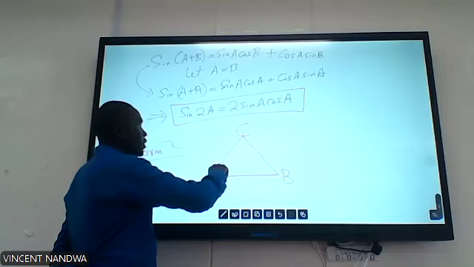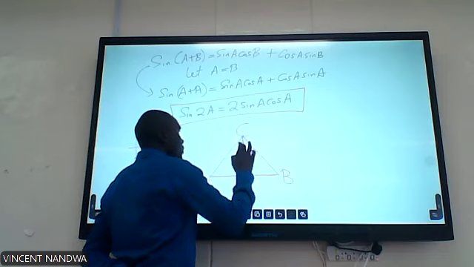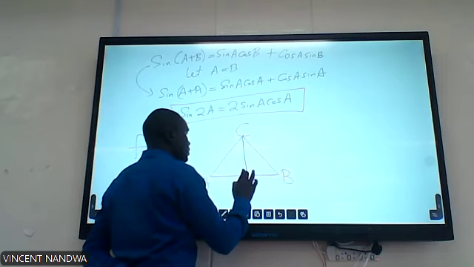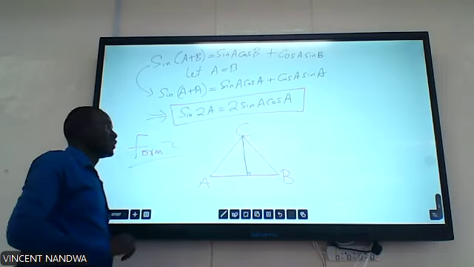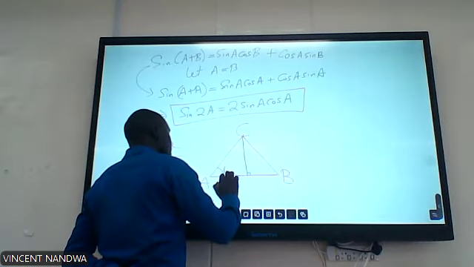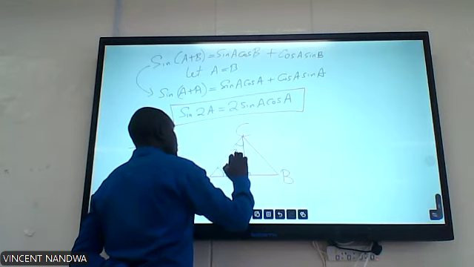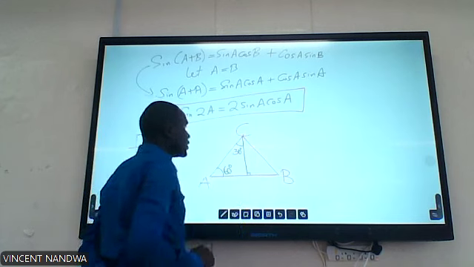If it's equilateral, then we know that each angle is 60. Okay, so drop a perpendicular from here. So this angle is 60, and this angle is 30 degrees.